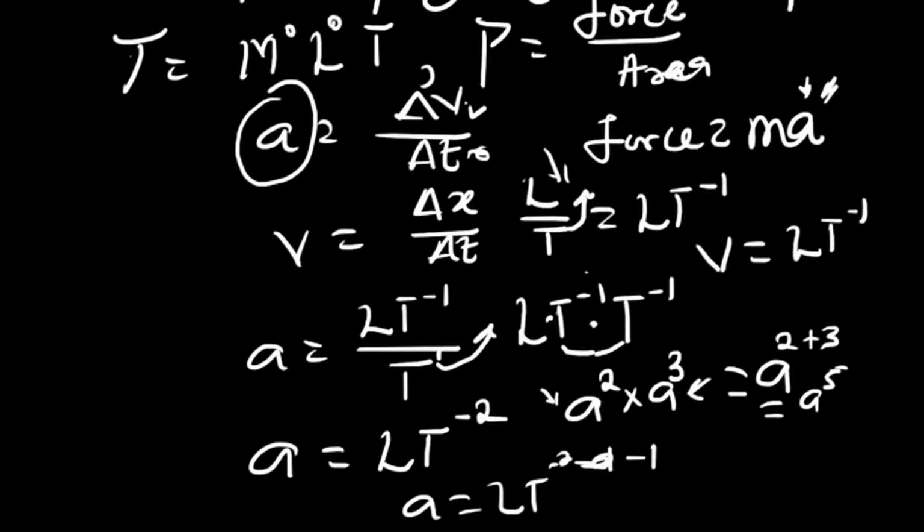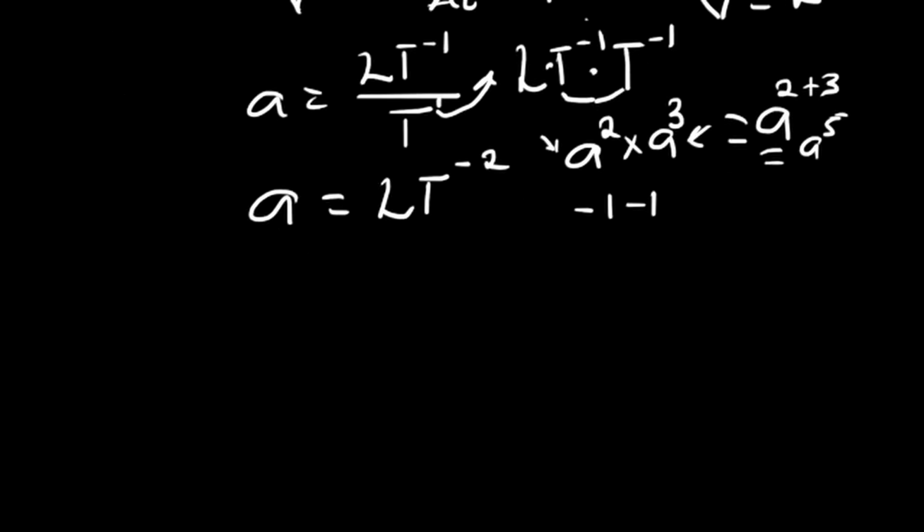So we can now substitute to see what we can get. We've already found the dimension for acceleration, which is LT to the power negative 2. Remember that we're looking for the dimension for force. We've already found the dimension for mass, and now we have our acceleration. So let's now substitute. We said that F is equal to ma.